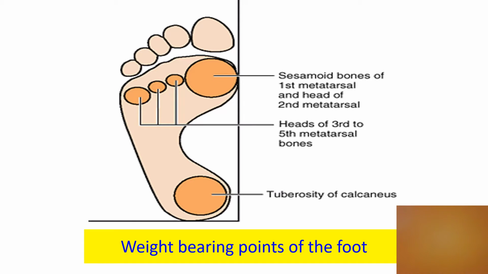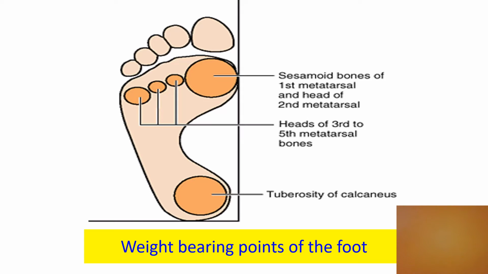From these bones, the bones touching the floor, which are the weight-bearing points of the foot, are the large head of the first metatarsal and the second metatarsal bone. They comprise the large area here, and the heads of the third, fourth, and fifth metatarsals, and on the back there is the tuberosity of the calcaneus.